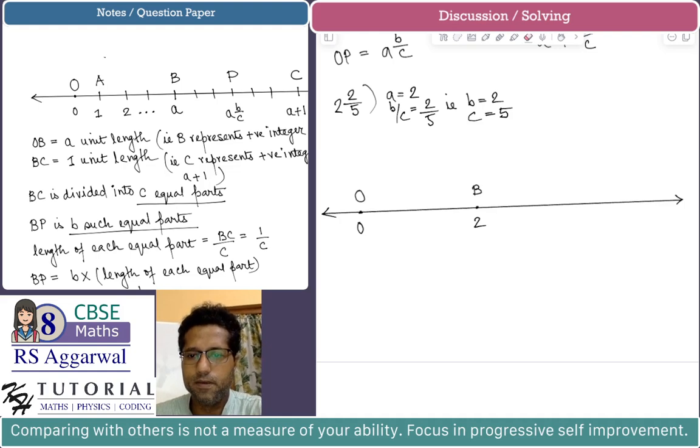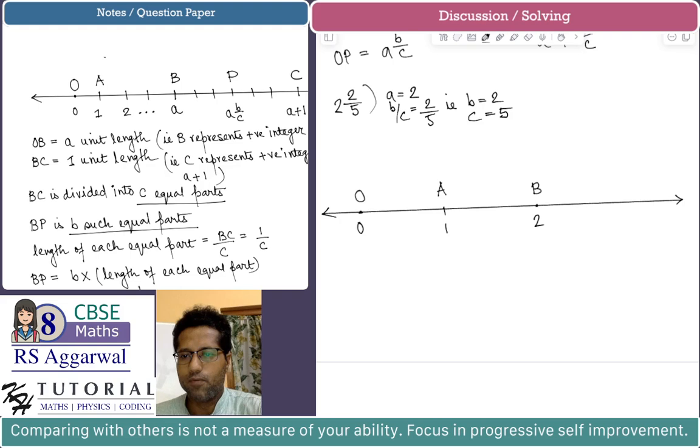Let's say this is an approximate drawing. You need not do a perfect drawing, and the measurements need not be perfect. The point B will represent the integer 2, because the whole part in the rational number is 2. Roughly this will be 1, let's say this is A, even though point A will not be required.